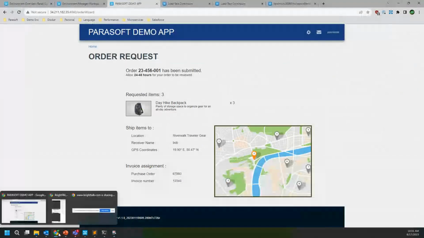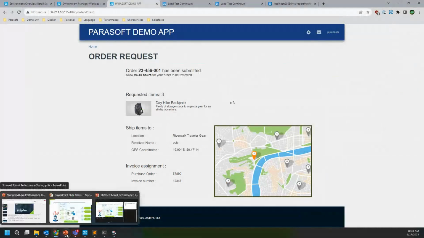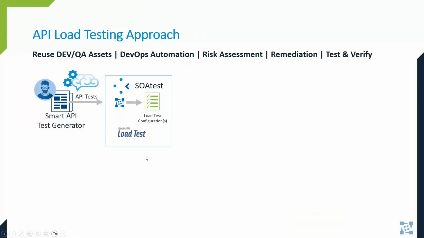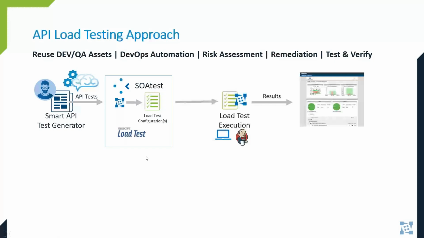So with that in mind, to recap, what we've done here is we've used the Smart API test generator to generate some traffic. We've used SOAtest to configure our functional test, and then we've been able to import this test into load test.